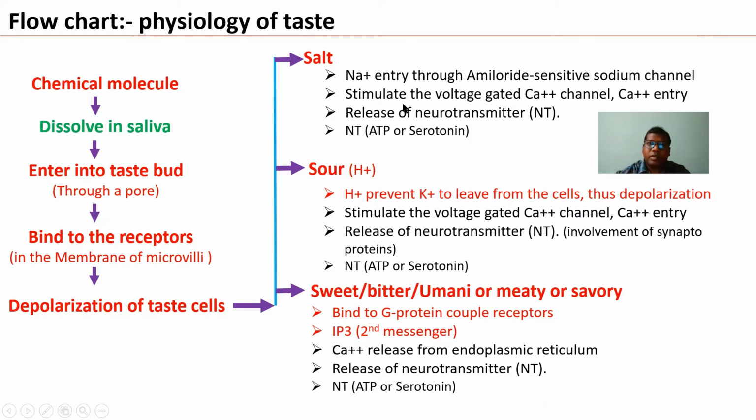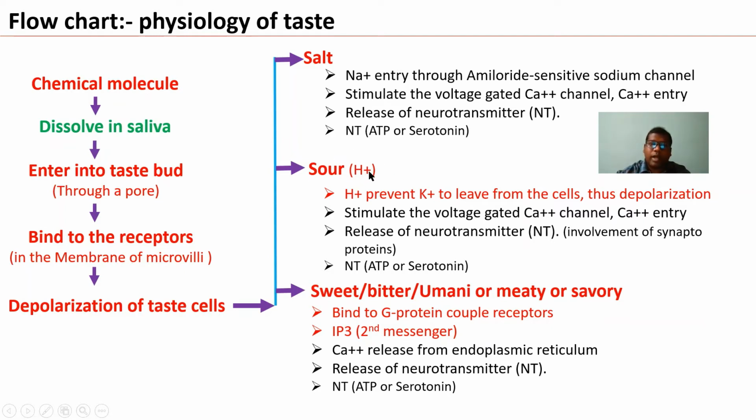This entry of sodium takes the cell to its threshold potential, when the voltage-gated calcium channels are stimulated and calcium enters. When calcium enters the cell, the vesicles within the cell which contain the neurotransmitter fuse with the cell membrane and release the neurotransmitter by exocytosis. That neurotransmitter may be ATP or serotonin.